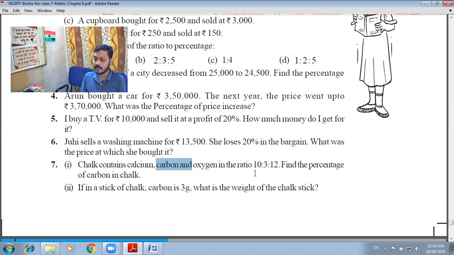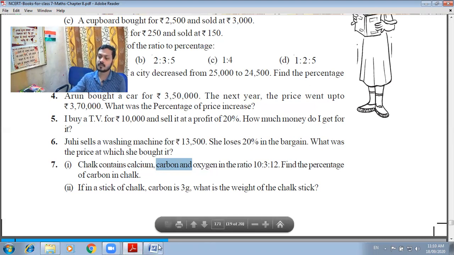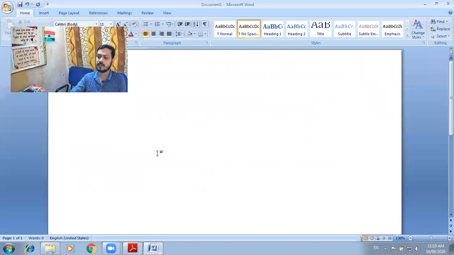We select 3 out of the total, multiply the numerator by 100, and use the percentage symbol. So those are the steps to convert a ratio into percentage.